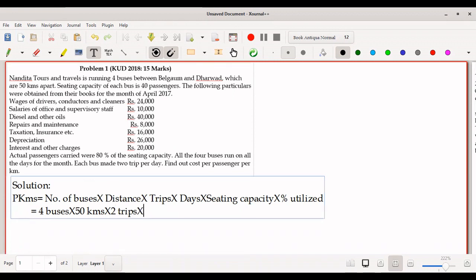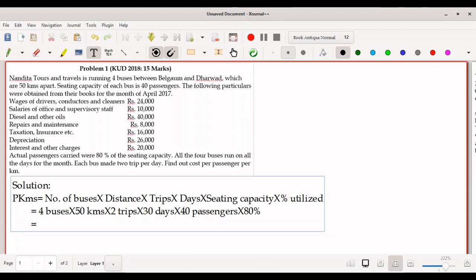In the month of April we have 30 days, into seating capacity, which was 40 passengers, into the percentage of seats utilized, which is 80%. Let's multiply. It comes to 3,84,000 passenger kilometers.